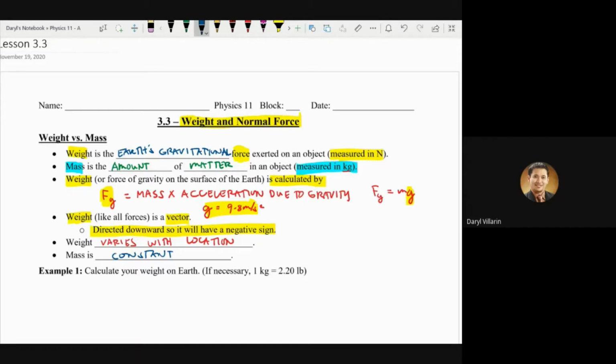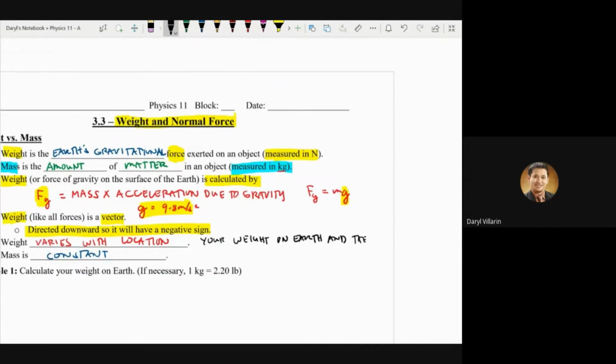Let's say, for example, your weight on Earth and on the moon are different, but your mass is the same.